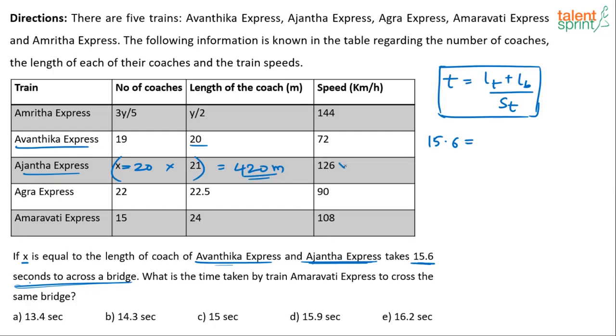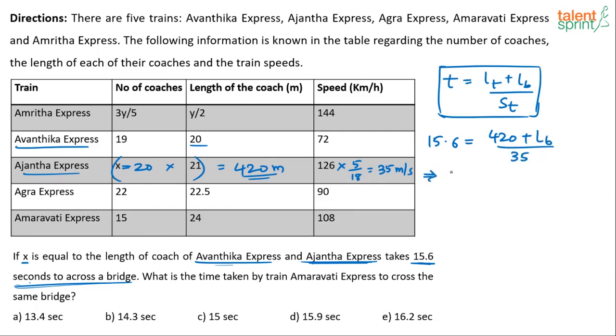Speed of Ajanta Express, let's convert with 5 by 18. How much is that? 35 meters per second. It goes 7 times 7, 5 35. Now simplify. So 15.6 seconds is equal to length of the train, which is 420 meters, plus length of the bridge, that's what we need to evaluate from this, divided by speed of the train, which is 35.